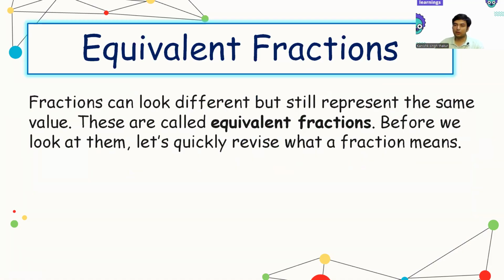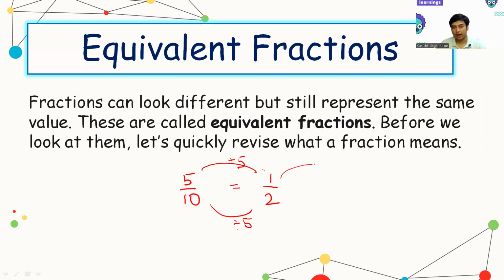Fractions may look different, but they represent the same number. Suppose I write 5 over 10. This is actually equal to half, right? How? When you divide the numerator and denominator by the same number, 5, you get 1 half.